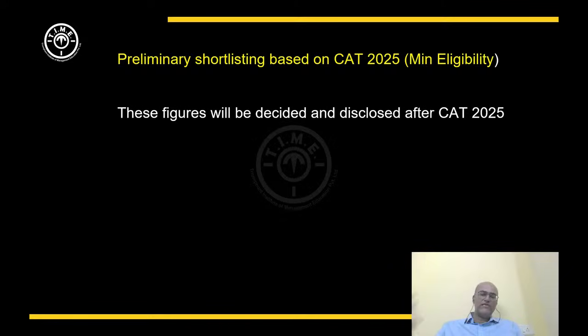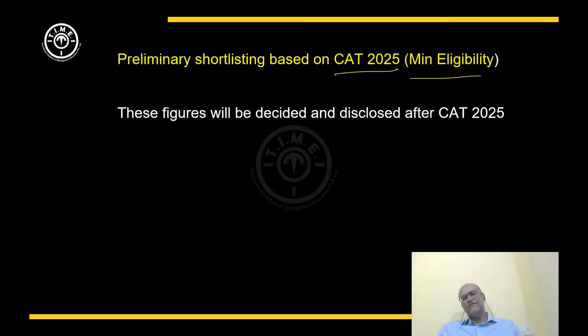Now, they have announced that they will start by having a preliminary shortlist, and that will be on the basis of CAT 25 performance. Remember, these are minimum required CAT percentiles. They announced that these percentile values will be decided and disclosed after the CAT 2025 exam gets conducted. So right now, nobody knows what those percentiles are going to be.